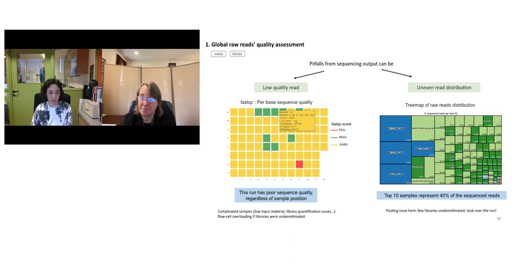So the conclusion is that this run has poor sequence quality, and this is regardless of the sample position. So it's not because of pipetting, it's not because of some of the samples. So definitely something happened.